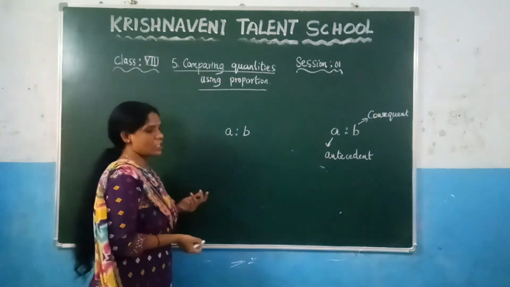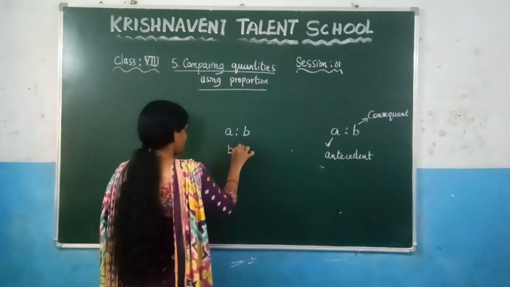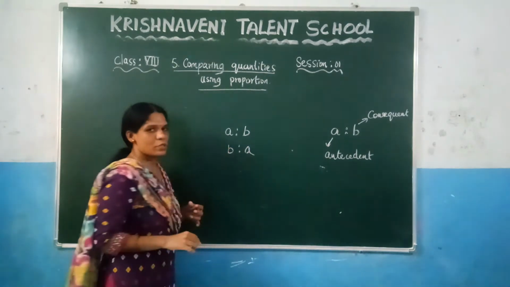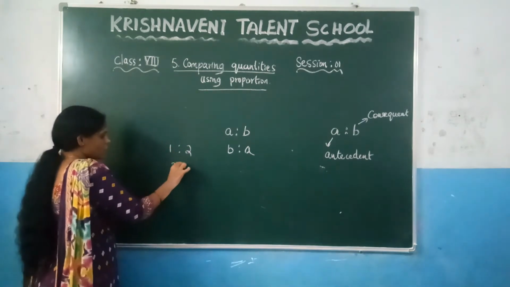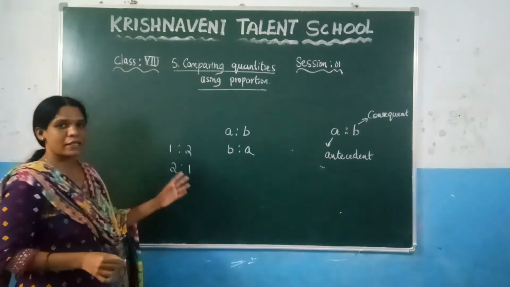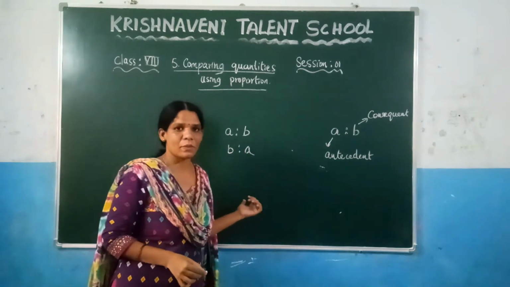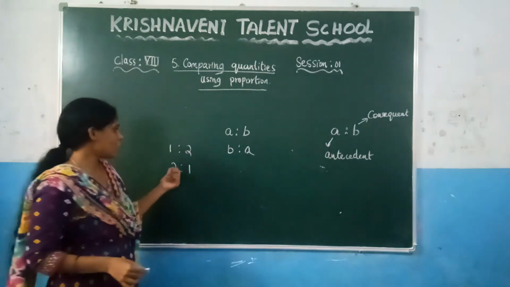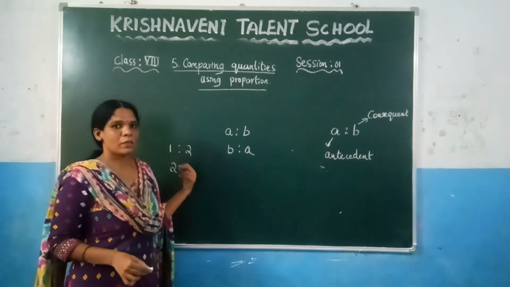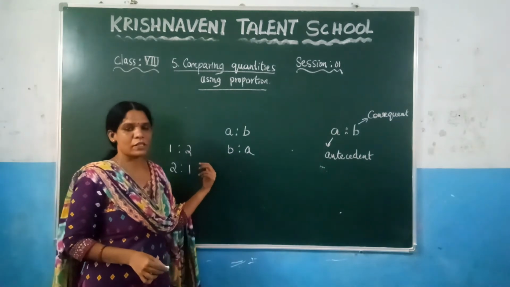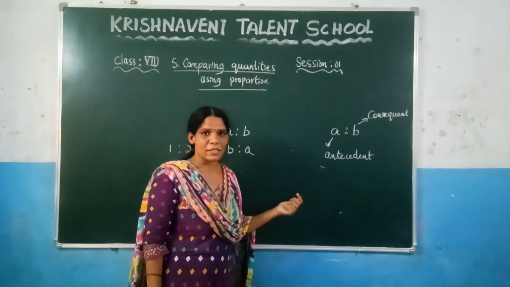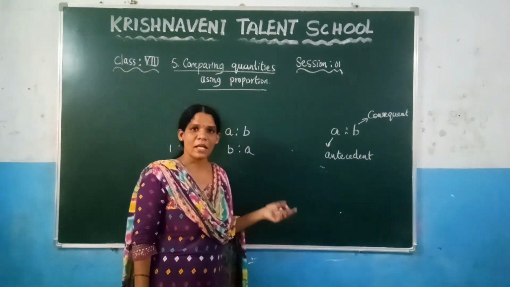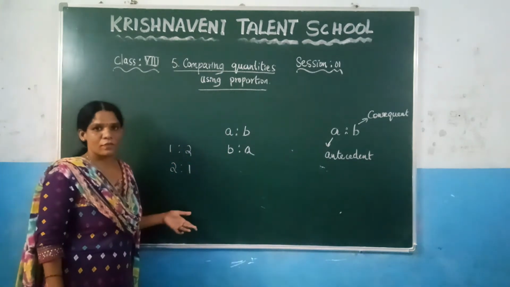So the inverse ratio of A is to B is nothing but B is to A. Suppose I ask what is the inverse ratio of 1 is to 2, which is nothing but 2 is to 1. Just write it in reverse order. That means the numerator will become the denominator and the denominator will become the numerator, or otherwise the antecedent will become the consequent and the consequent will become the antecedent in the inverse ratio.